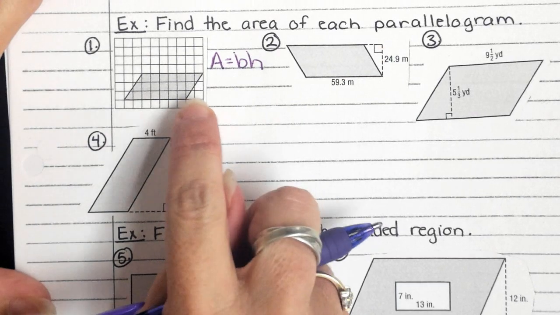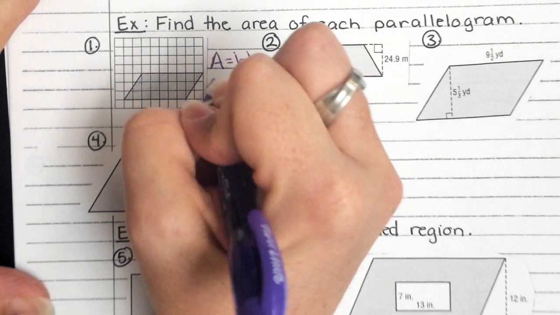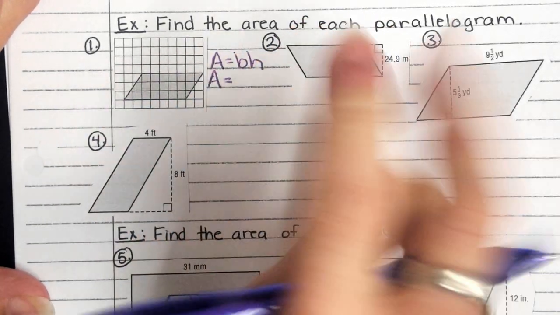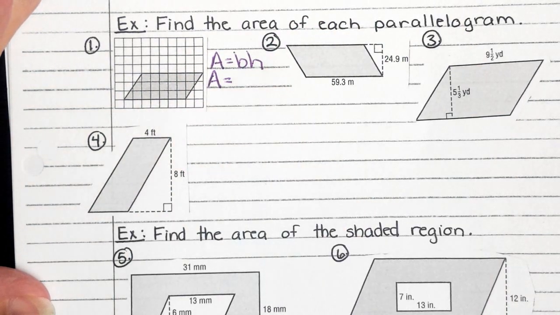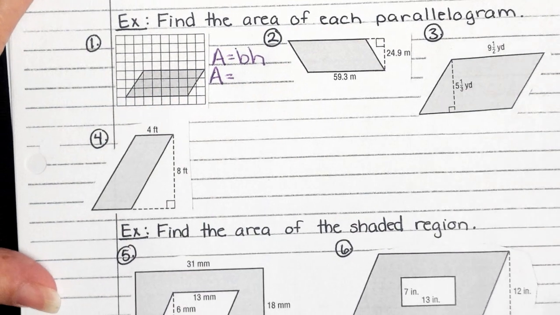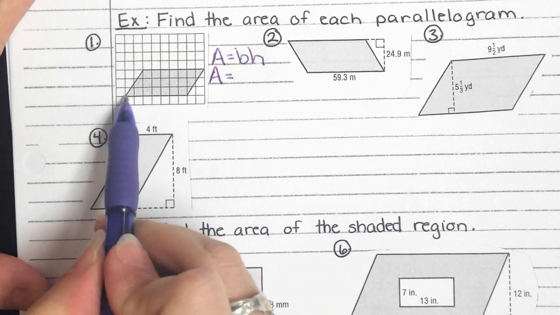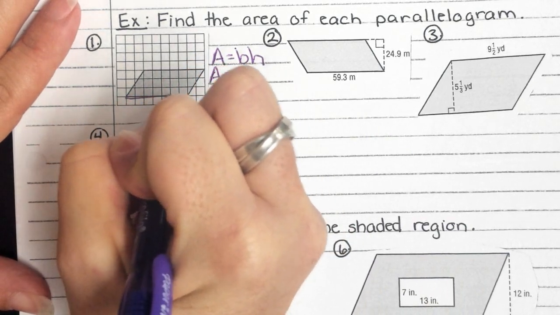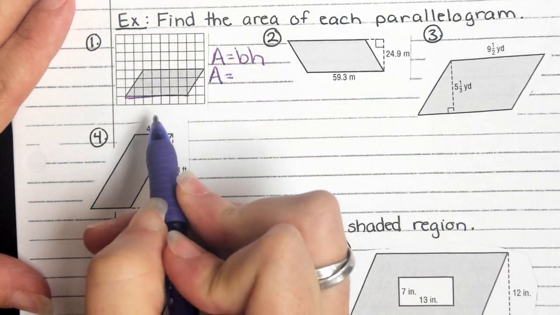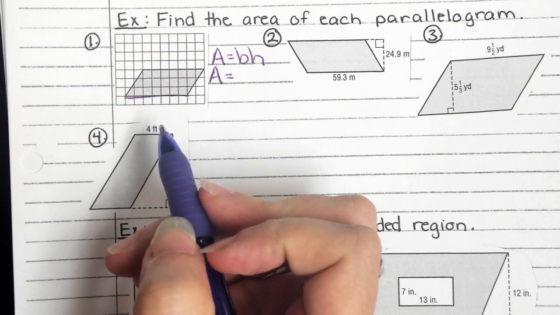Okay. Now, we're trying to find the area. So we need a base and a height. We know the base is what it's built on. It's that bottom line. Look across the bottom of this thing. Here's the way you do this with these cute little squares.